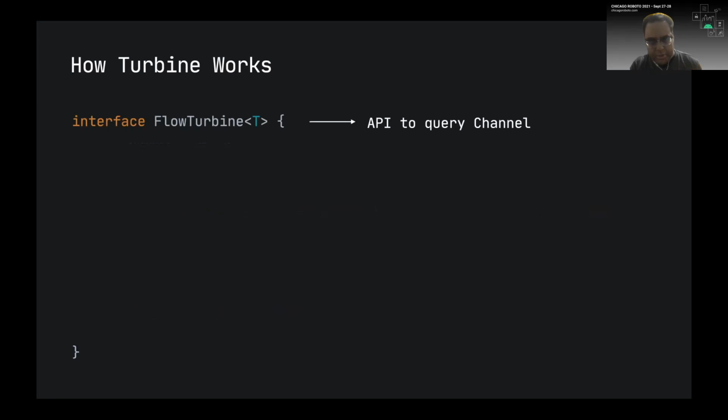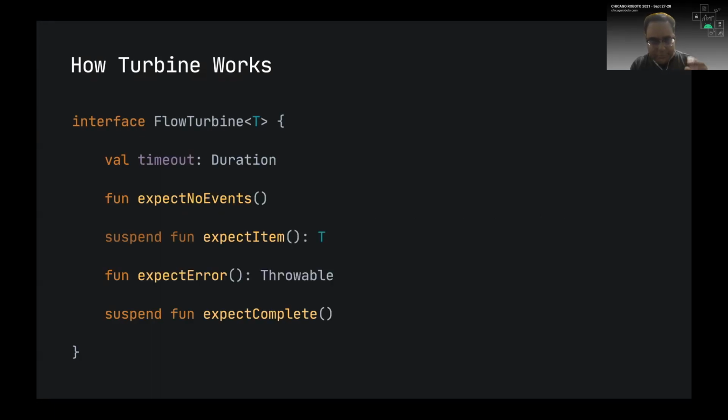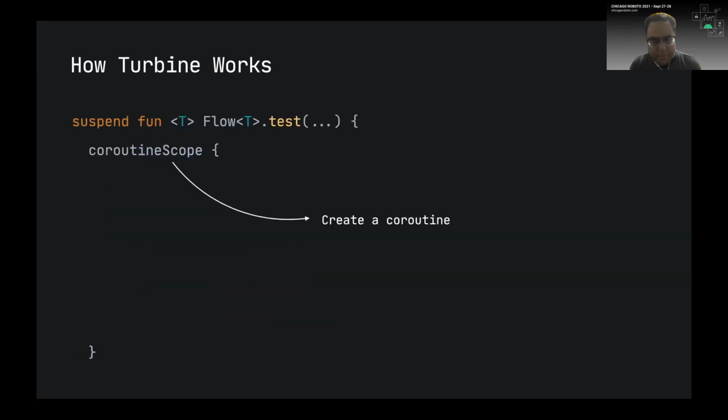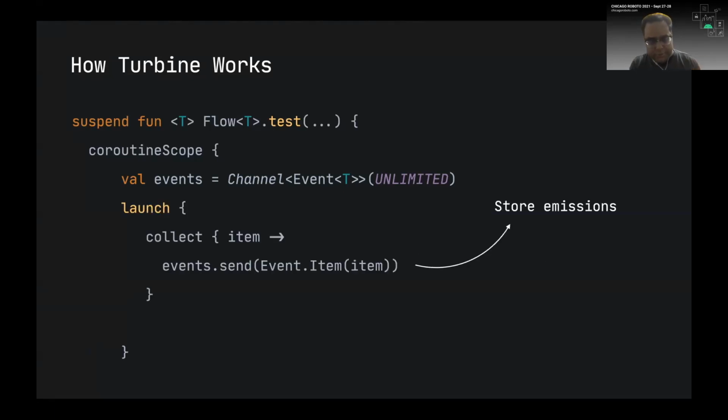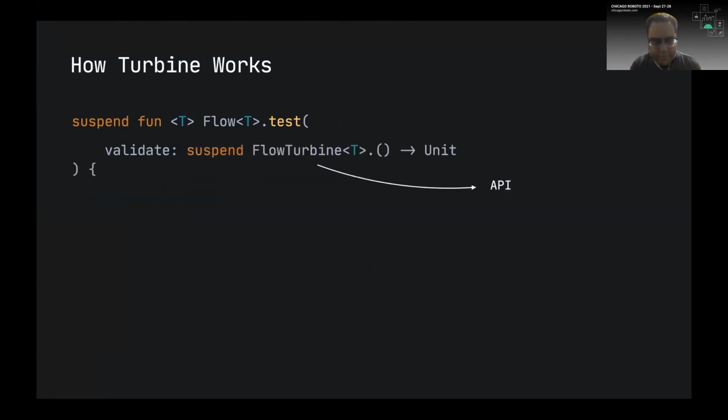The way you could query this, as I showed earlier, is with these methods. But there's also a way to specify a timeout in your test, so that after this period of time, it should time out. There shouldn't be any emissions. What it does internally is create a coroutine and a channel. The launch method is creating a coroutine, which is the consumer, and it's reading from the flow by calling the collect method, and it's sending everything to this channel.